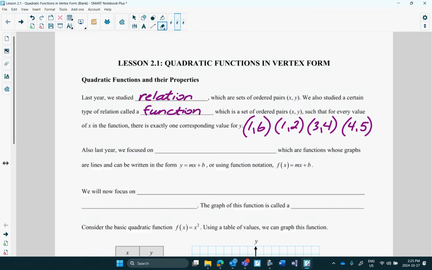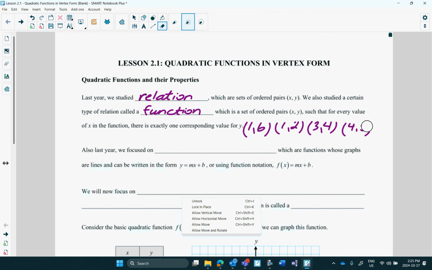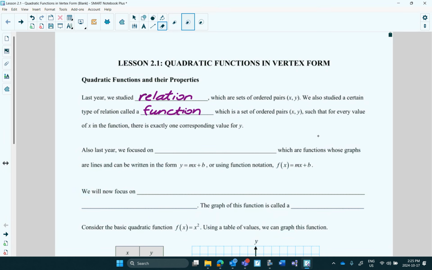There was a way I got you guys to remember it. Do you remember the phrase that you used? How you can tell if something is not a function or something is a function? Oh, that's vertical line test. I know where you're going with that. You're right.